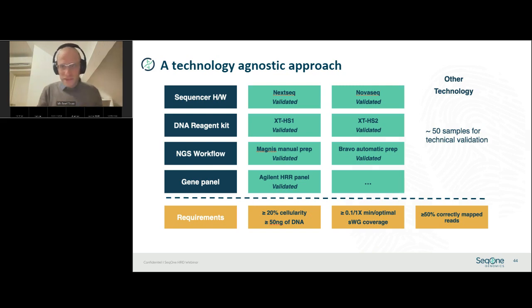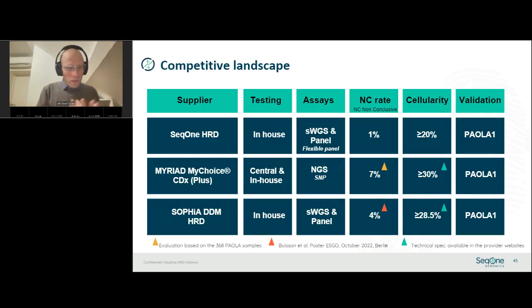In terms of competitive landscape, there are three solutions here: SeqOne HRD, Myriad, and SOPHIA, all of which have been validated with the PAOLA-1 reference cohort. And as I said before, we can handle a cellularity of 20% or more, whereas the other solutions need at least a cellularity of 30% for Myriad and 28.5% for SOPHIA.